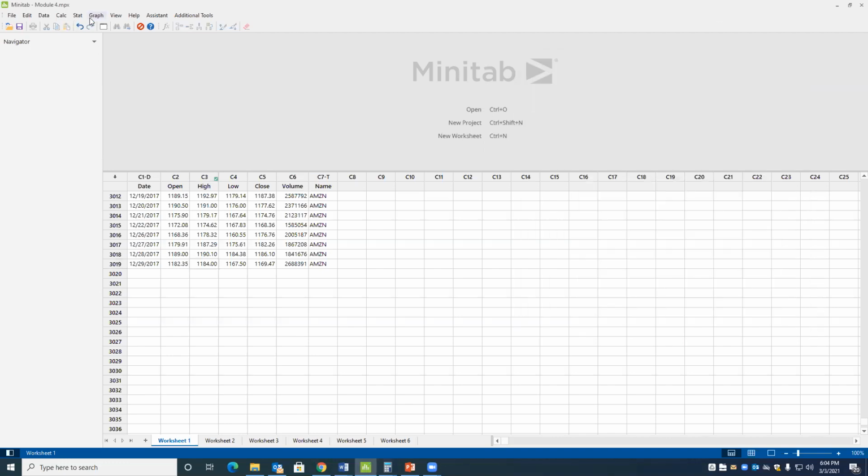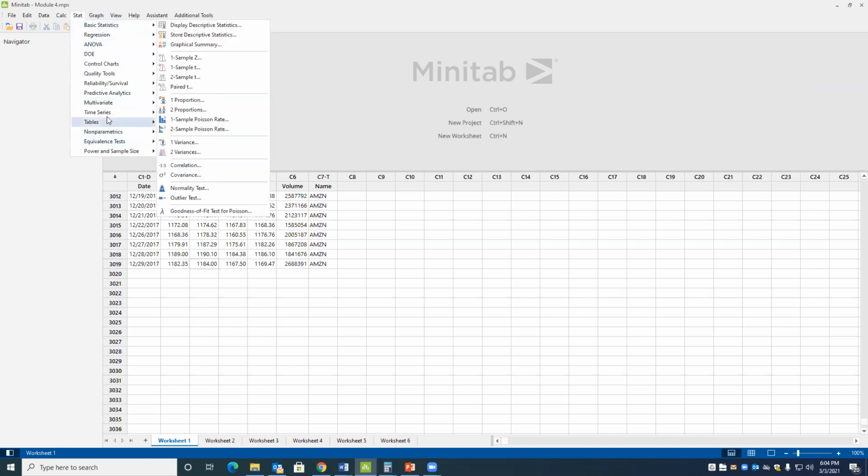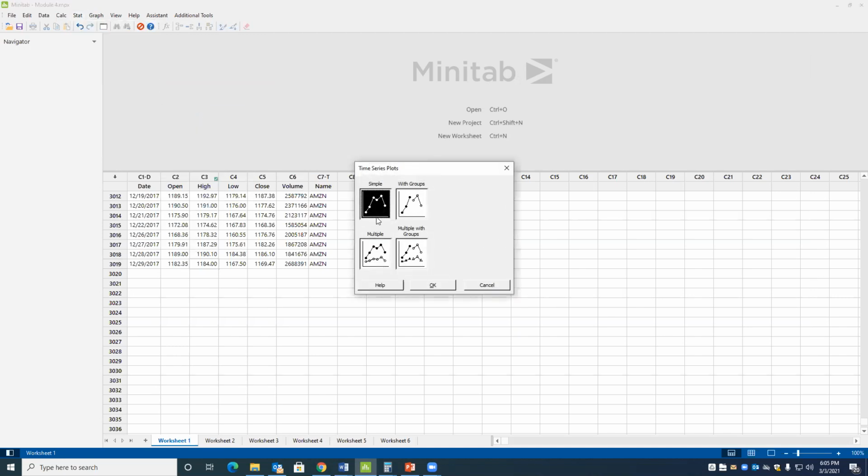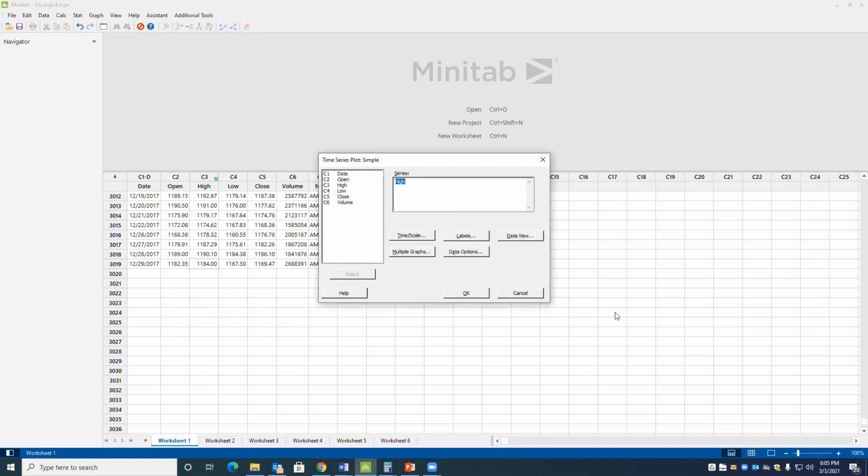Now I go under statistics. Under statistics, we have first time series. So we are dealing with time series data, which is based on the time scale. So here I can see this plot. Under plot, I'm going to use simple, and I can use the high value.